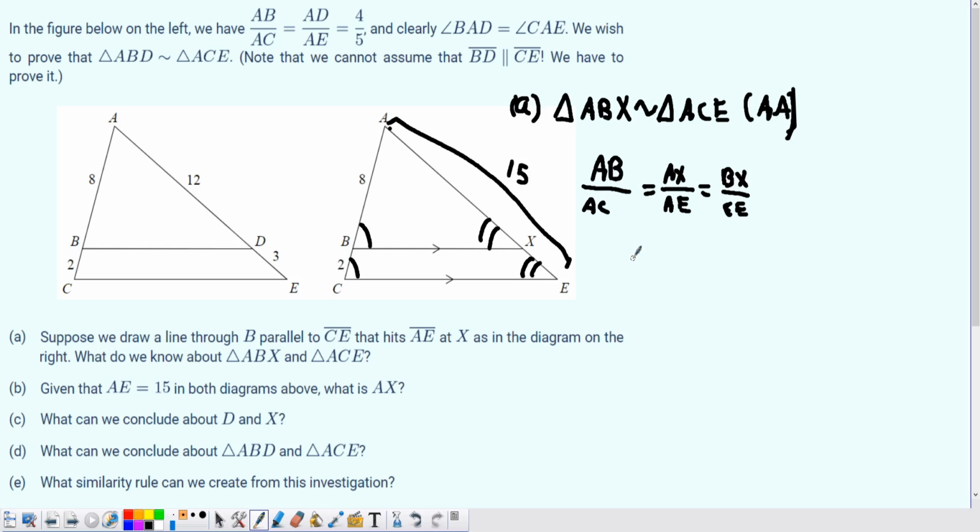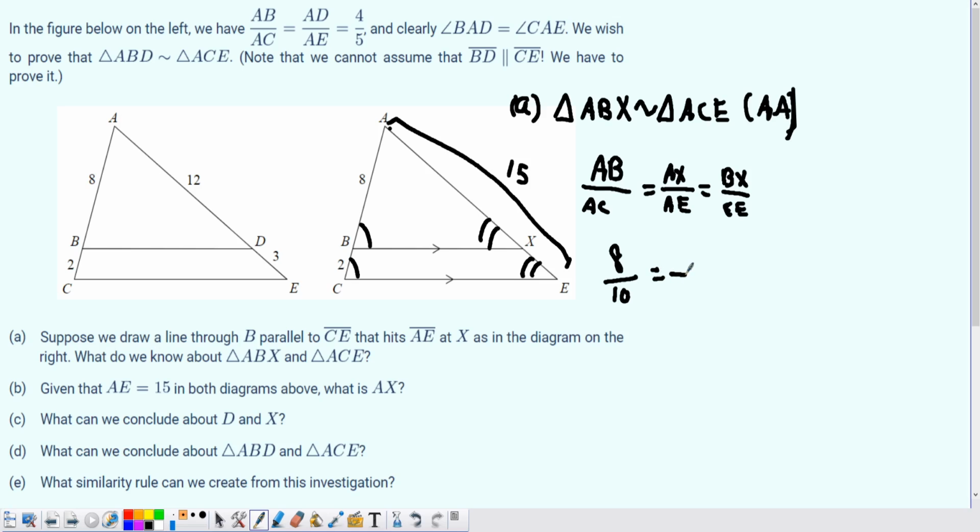Now, it is asking us what is AX. So let's try to plug in some values to find out what AX is. What is AB? AB is 8. What is AC? AC is 10.